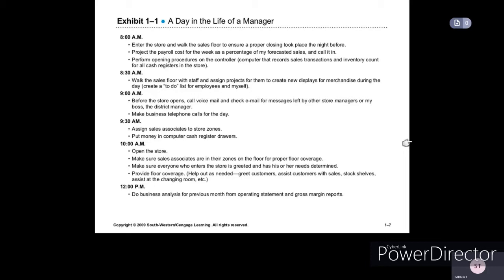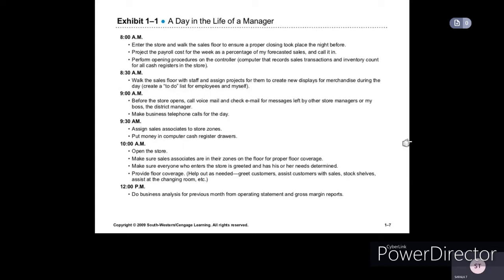If you have to take decisions accordingly, you definitely have to check every mail provided by the store managers, district managers or the boss. Make business telephone calls for the day; you have to finish them between 9 a.m. and 9:30 a.m.